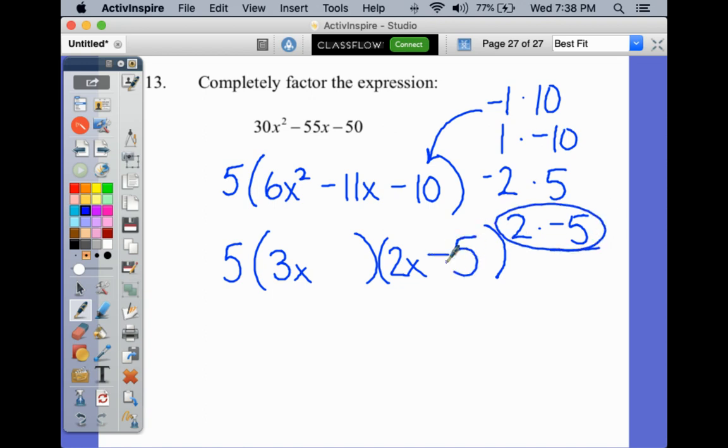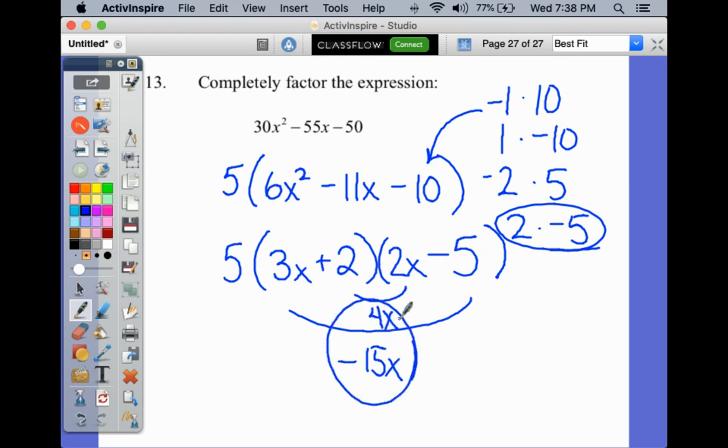Putting negative 5 there, because that makes negative 15x. If I put positive 2 there, that makes 4x. And those together are going to be the negative 11x. So that is our complete factorization of that polynomial.